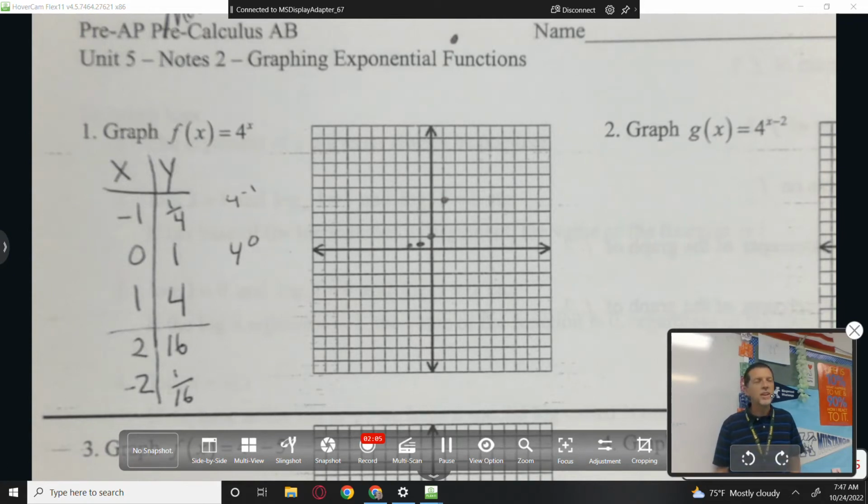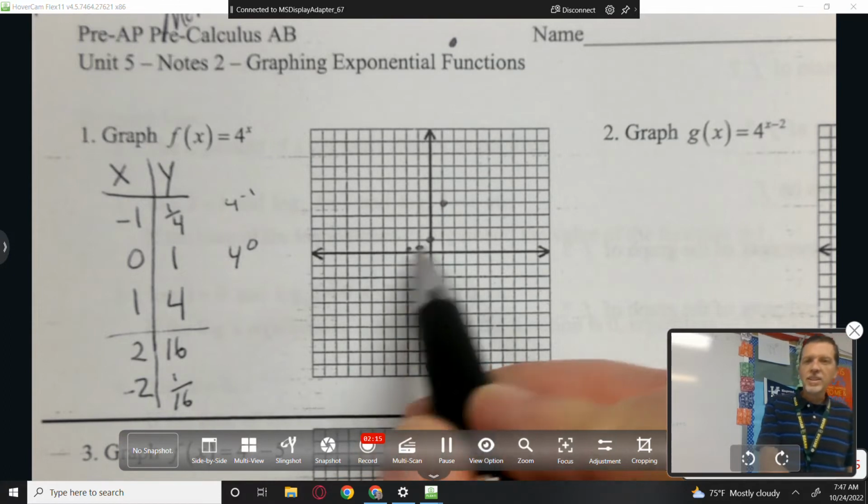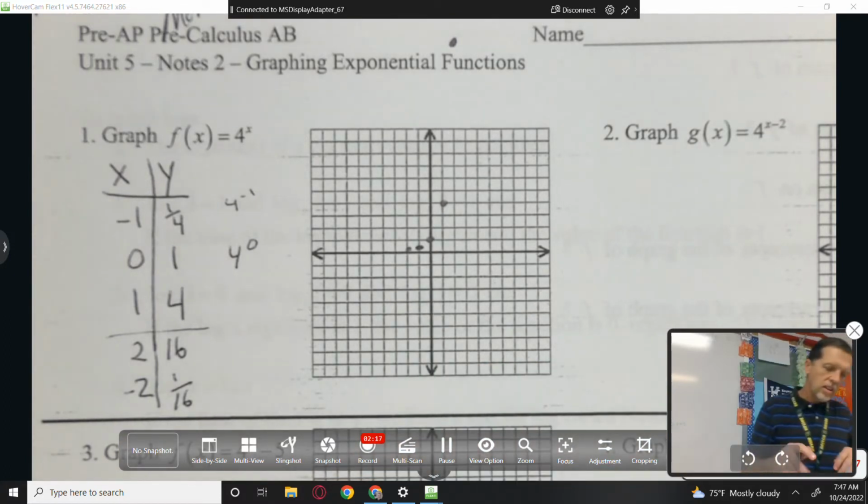But you get the idea. And then 4 cubed would be 64. That's way off the paper even. And then 1/64th, you're basically putting the dot on the x-axis there.